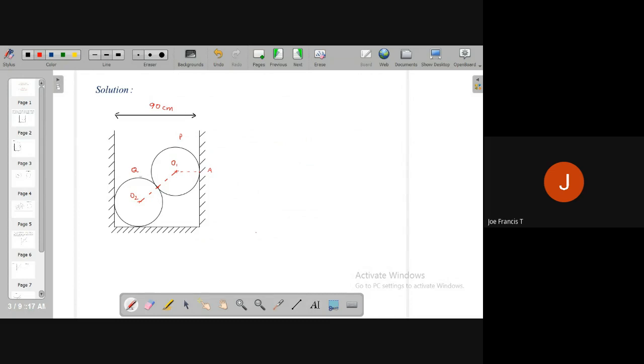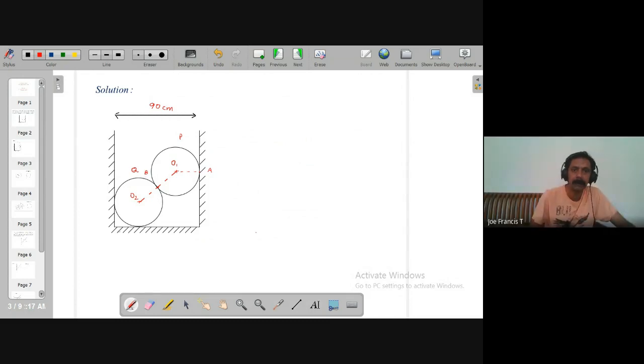So that is the next contact point, which I shall name B. Again, if you draw a horizontal line from O2, it meets the vertical wall here. So that is the third contact point, C. And finally, if you drop a perpendicular from O2 to the horizontal floor, it meets here. So this point is the next contact point, D.